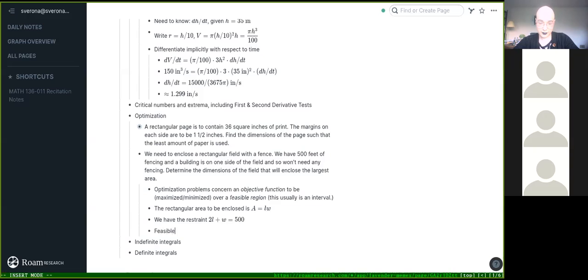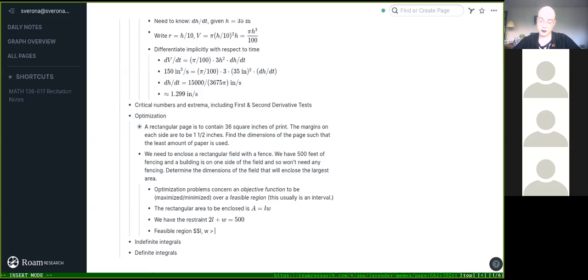Awesome. And now I have to ask what values for the length and the width make any sense, right? And so I think it's pretty sensible that I can't have a negative width, and a 0 width isn't going to be very good either.